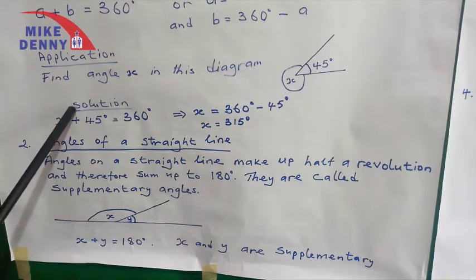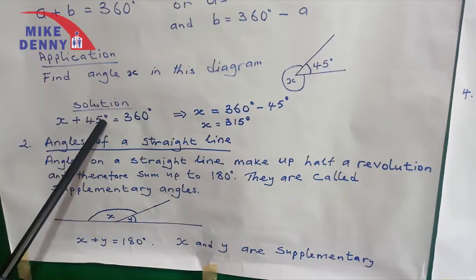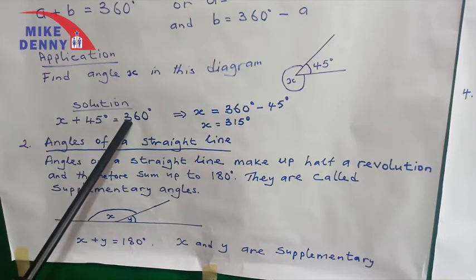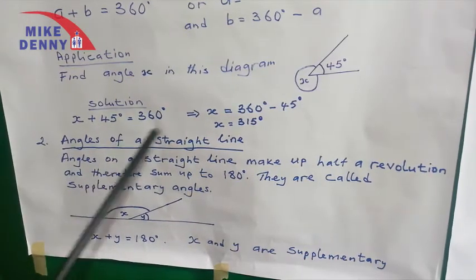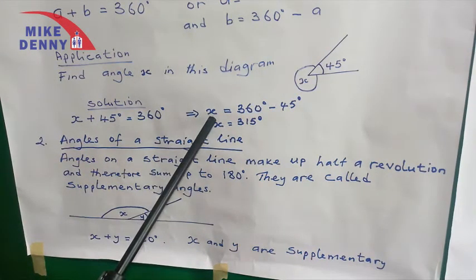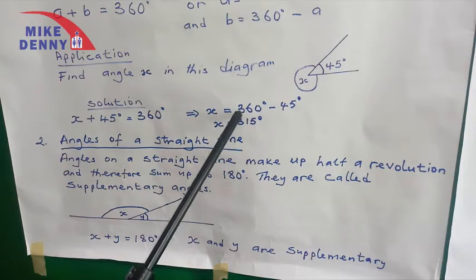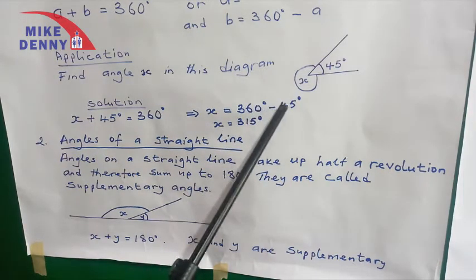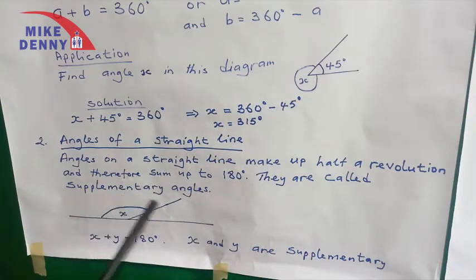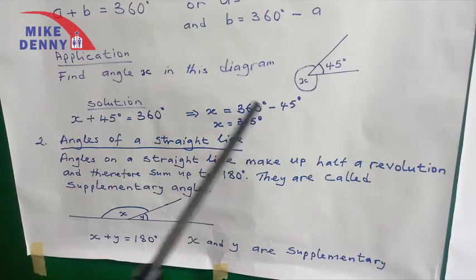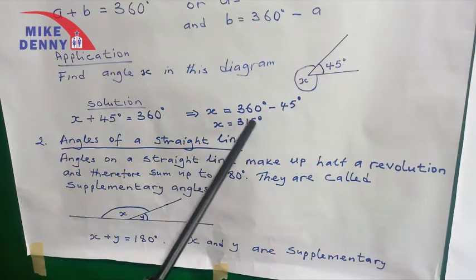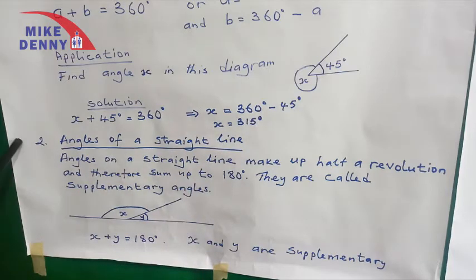Therefore, the solution: X plus 45 degrees equals 360 degrees, which are angles around a point. Which implies that X equals 360 degrees minus 45 degrees. If you take away 45 degrees from 360, you should be left with 315 degrees.